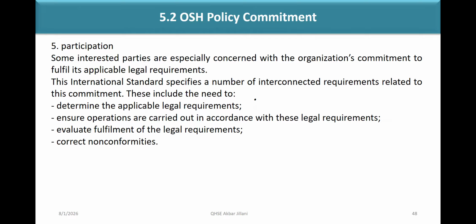These include the need to determine the applicable legal requirements, ensure operations are carried out in accordance with the legal requirements, evaluate fulfillment of legal requirements, and correct non-conformities.